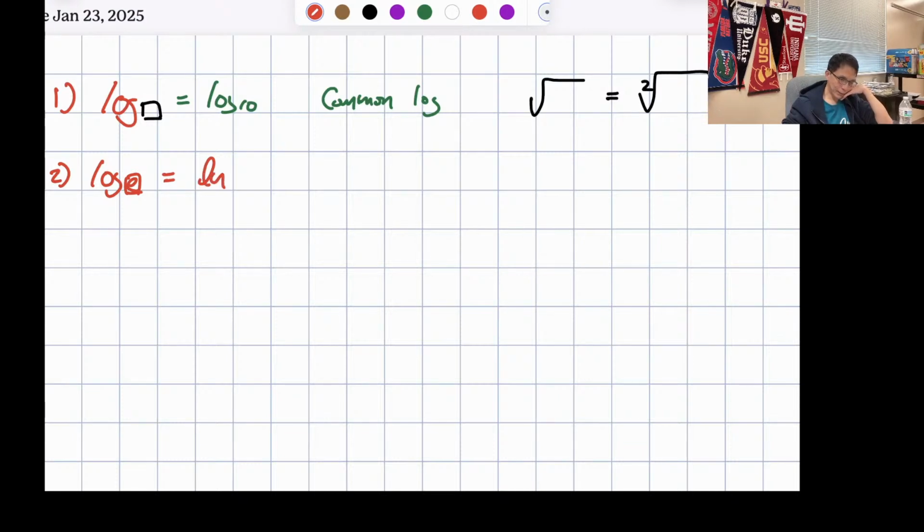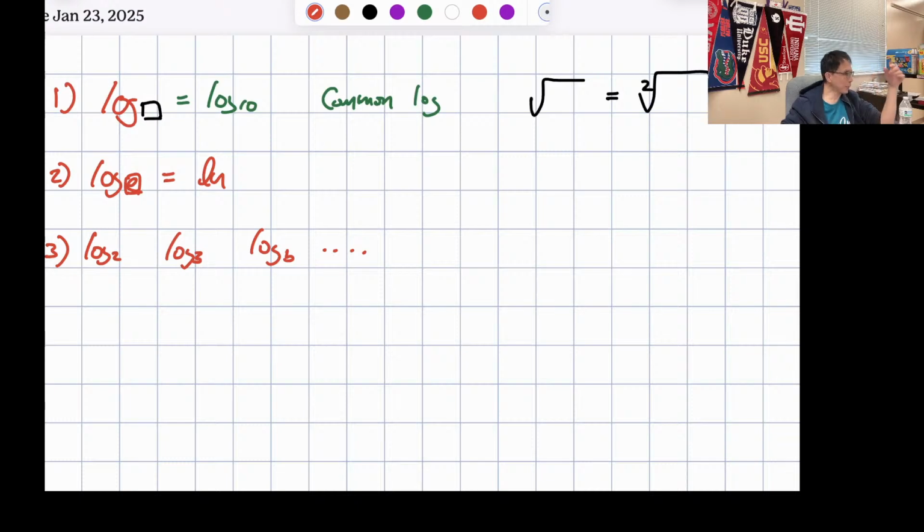Now, of course, there are all other types of log. For example, log base 2, log base 3, log base b, but there is no log base of a negative number. So usually b is greater than 0. So there are three types of log.